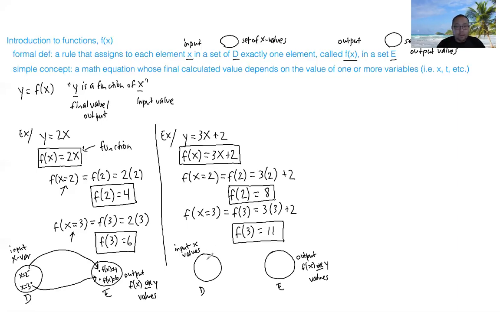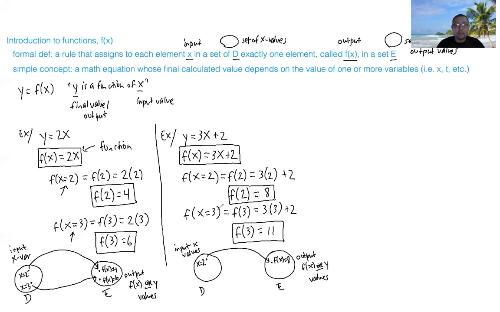So let's say this arbitrary point corresponds to the space where x is equal to 2. This is going to map onto a point in space E, let's just say it's here, where the function is ultimately equal to 8. So the function at this point is equal to 8.